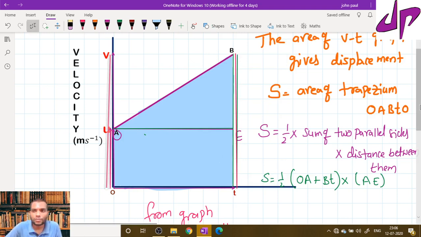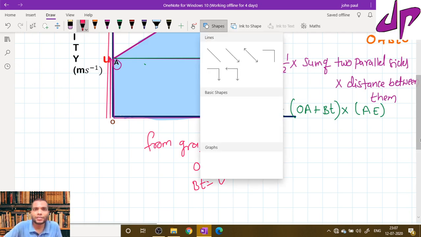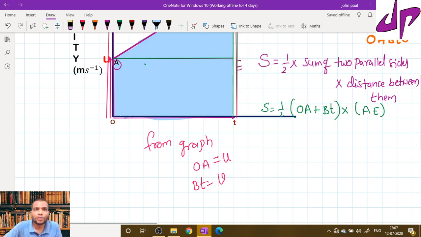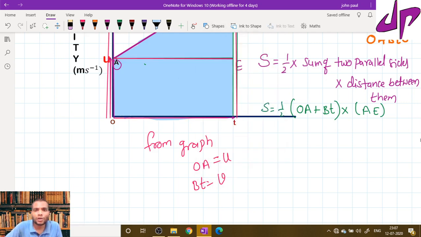So BT equals V. We need one more value, AE. A to E, from here to here, is also equal to O to T, because these two are parallel lines. So the AE value equals T.